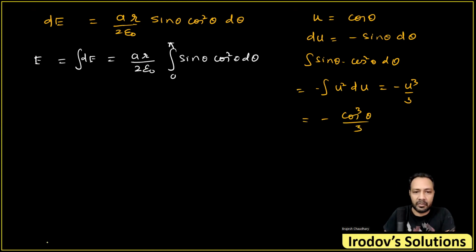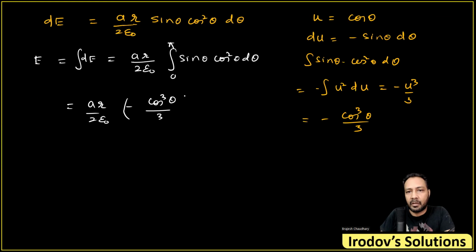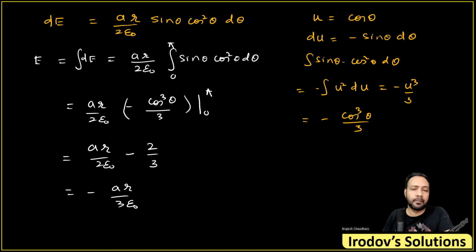Then we have to put the limit. So a r by 2 epsilon naught times minus cos cube theta by 3, with limits from 0 to pi, gives a r by 2 epsilon naught times minus 2 by 3, which means minus a r by 3 epsilon naught.